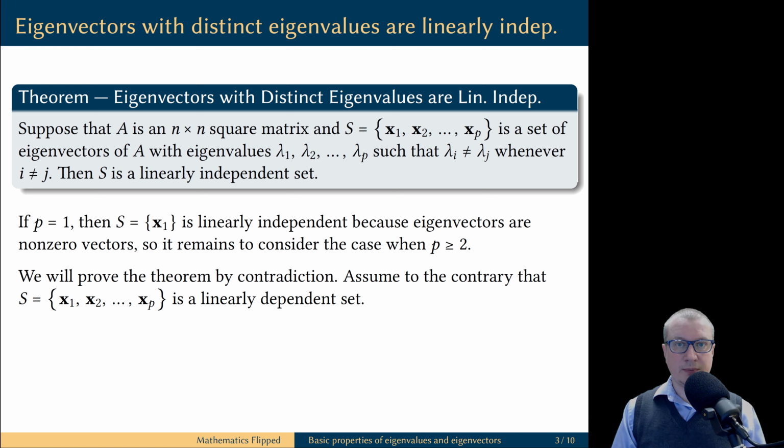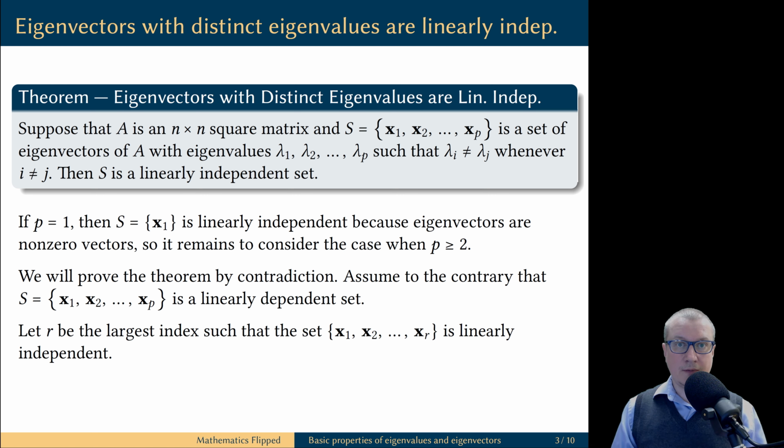We assumed that by the time we reach the vector xp, the set becomes linearly dependent. So let's catch that exact moment when the set switches from linearly independent to linearly dependent. Let's say all the way up to vector xr the set remains linearly independent, but once you add one more vector xr plus 1, the set becomes linearly dependent.